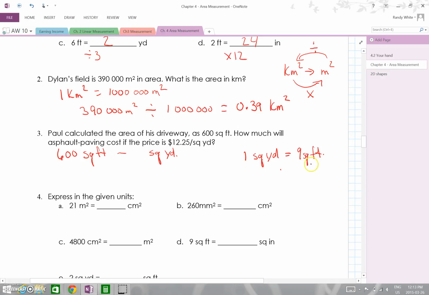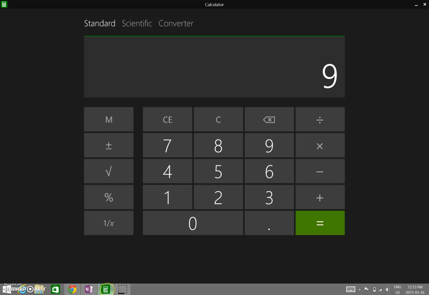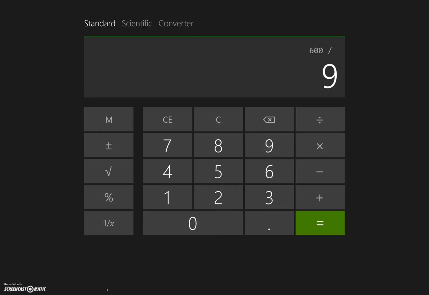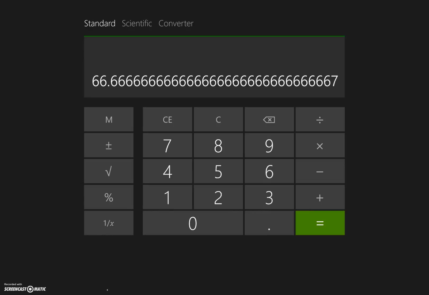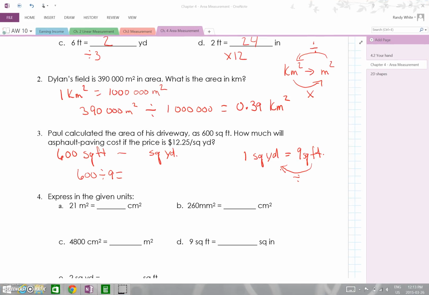So again, I'm going the opposite way, so I'm going to divide. I'm going to take my 600 and divide that by 9, 66.7, let's say.